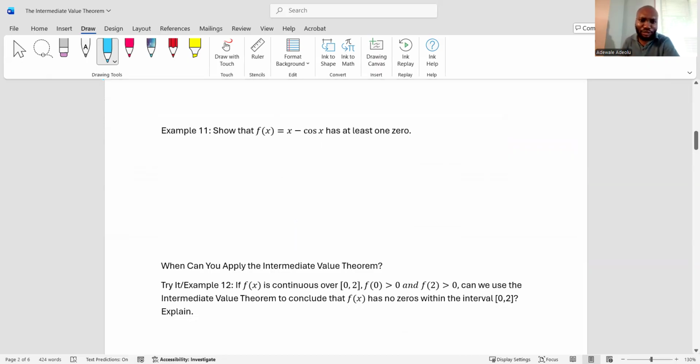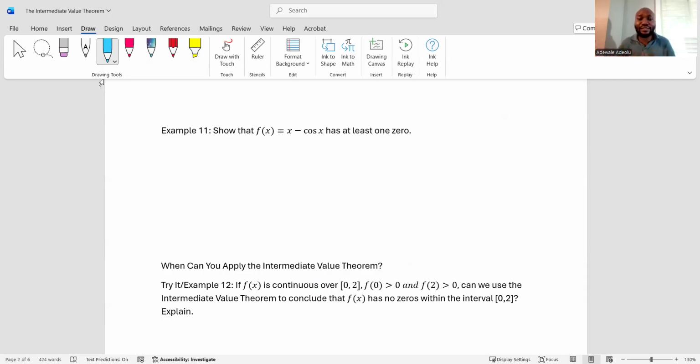Show that f of x equals x minus cosine of x has at least one zero. Now, for this problem, let us observe this. We do not have any interval given, but we were asked to show that that function has at least one zero.